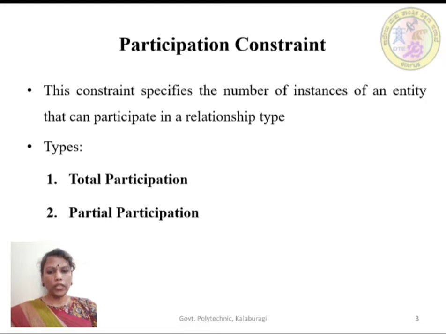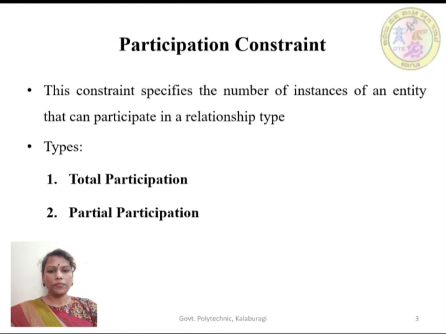That is, one instance or more than one instance. That's where we had one to one, one to many, many to one, and many to many cardinality ratio. There we were talking about the maximum instances of an entity type participating, right?